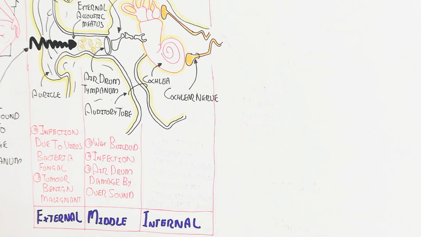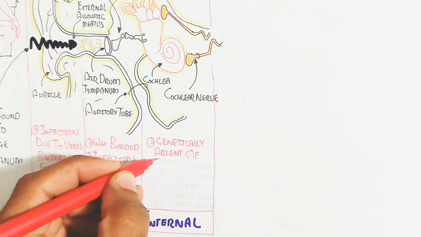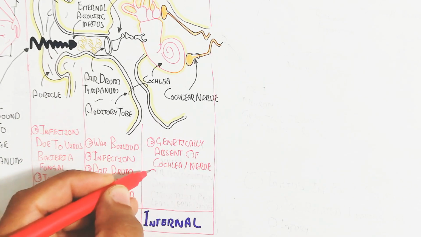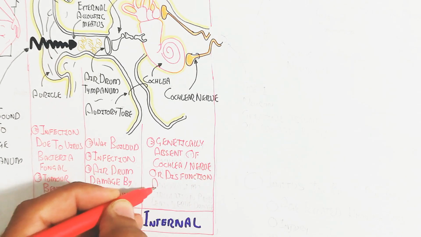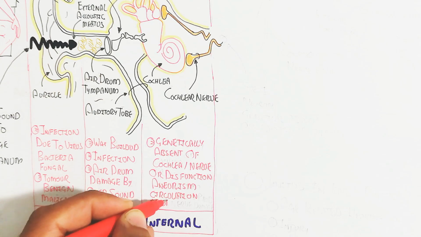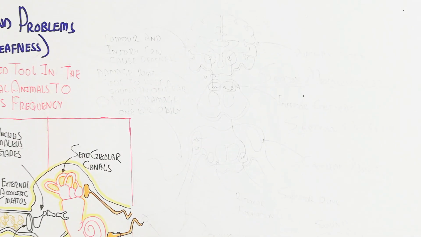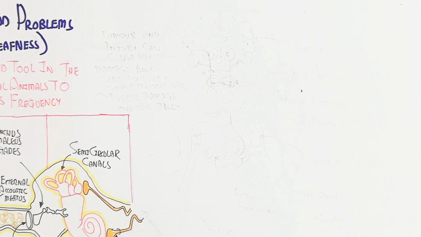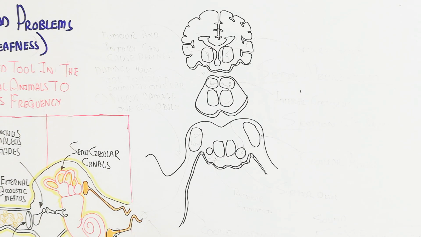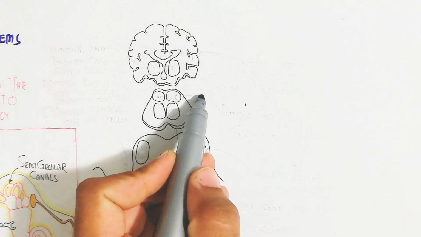Wax build-up, infection, and eardrum damage by loud sound will damage the tympanic membrane. Genetic absence or dysfunction of the cochlear nerve, and aneurysm or circulatory problems, will stop the cochlear nerve from transmitting the signal to the brain and lead to deafness also. This can be natural or unnatural, due to nerve injury as well.